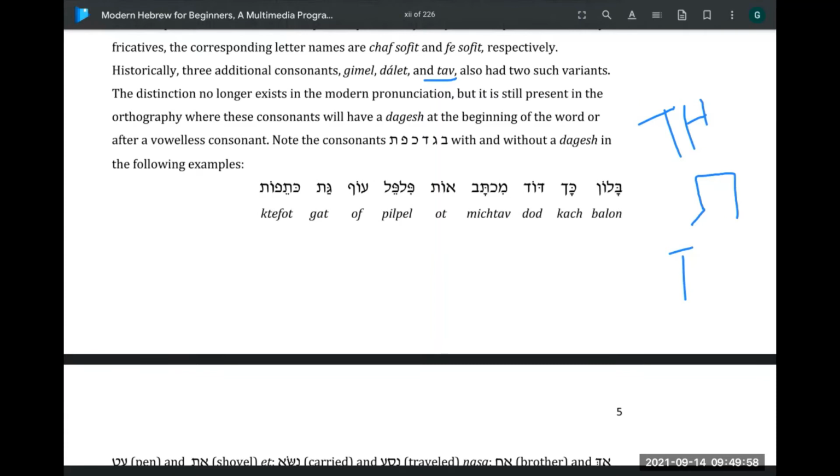That's a Tav that has that ancient TH sound that's no longer used today. Look at that, it managed to pick it up back then. Okay, so that's an example there. The Dalet had a similar, and the Gimel.